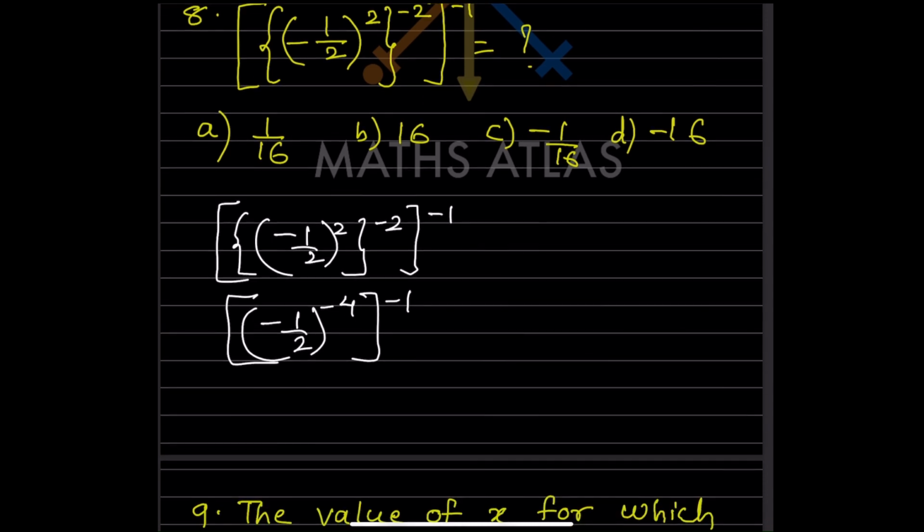So now, this into this we can do here, that is going to be 4, because negative becomes positive. So now you have to multiply this into this into this. So here 1 is going to be 1 itself, because that is 4 times, so that becomes positive 1, and this is going to be 2 raised to 4. Again this is 4 times, means that is going to be positive. So this will be 1 by 2 raised to 4, means that is going to be 16. So that is going to be 1 by 16, that is the A option.